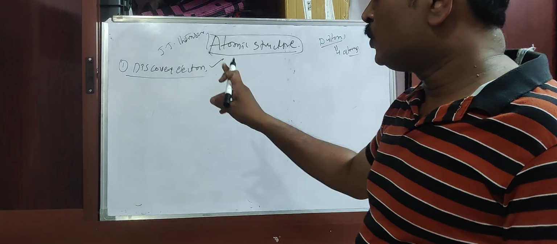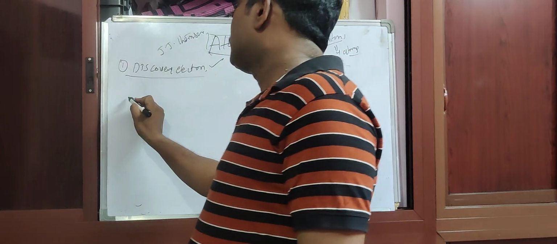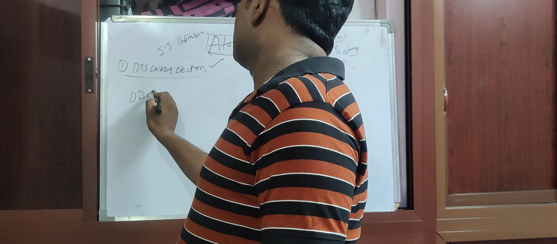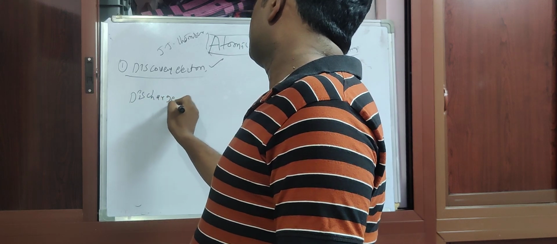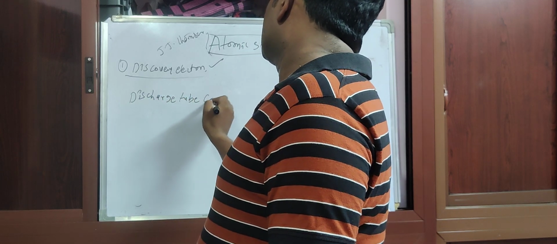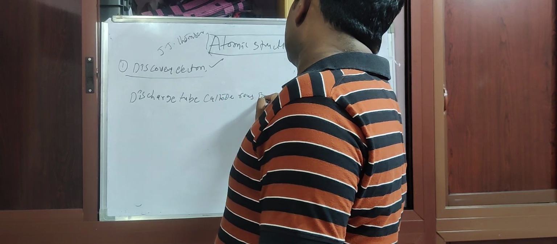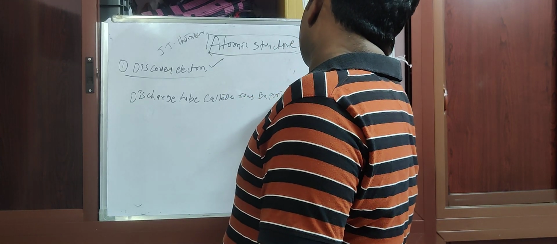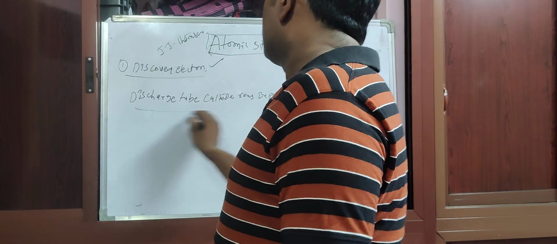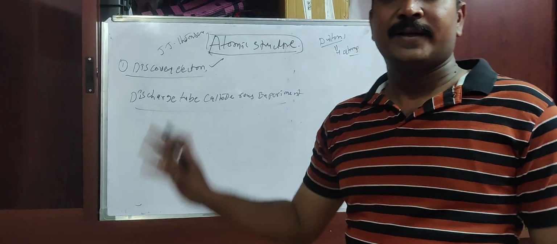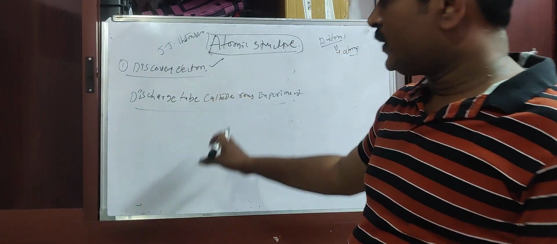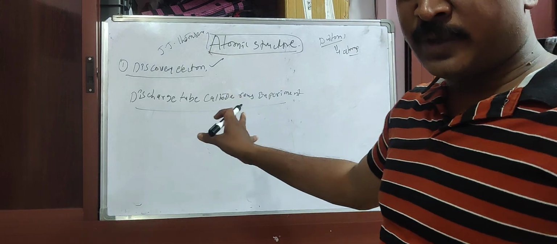What is the discharge tube cathode rays experiment? Then he found the electron. First, I want to explain what the experiment is.